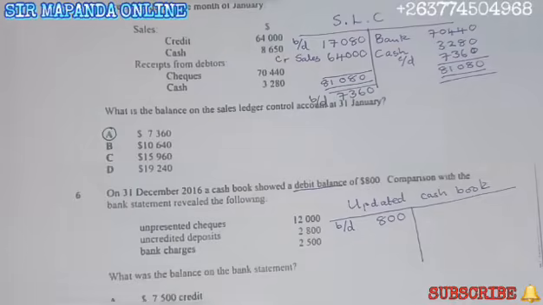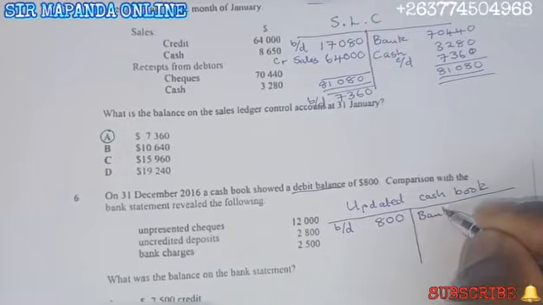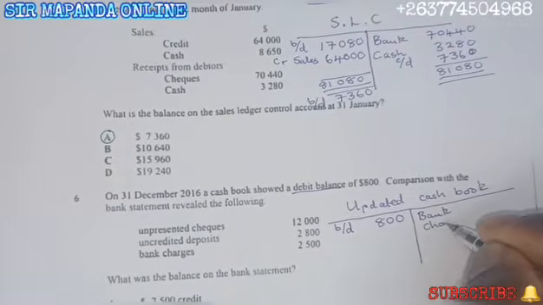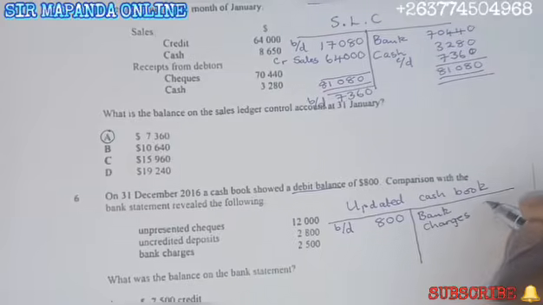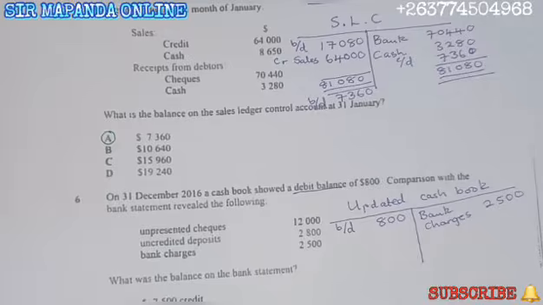Unpresented checks, uncredited deposits are posted in the bank reconciliation statement. What are bank charges? Right? Bank charges are payments, so they are recorded on the credit side to represent cash outflow. So I'm going to write bank charges on the credit side, 2,500. I hope you are following.